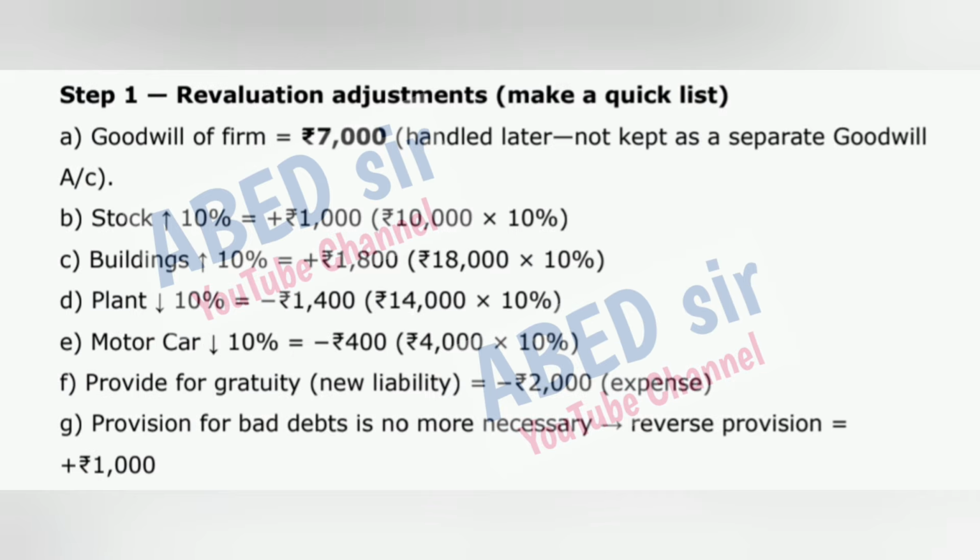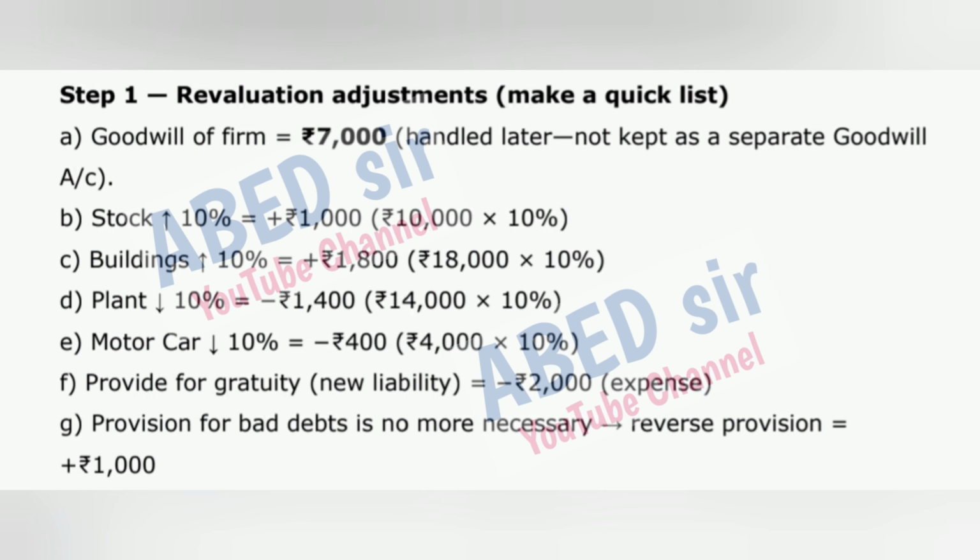C. Buildings 10% is equal to plus 1,800, 18,000 rupees times 10%. D. Plant 10% is equal to minus 1,400, 14,000 rupees times 10%. E. Motor car 10% is equal to minus 400, 4,000 rupees times 10%.